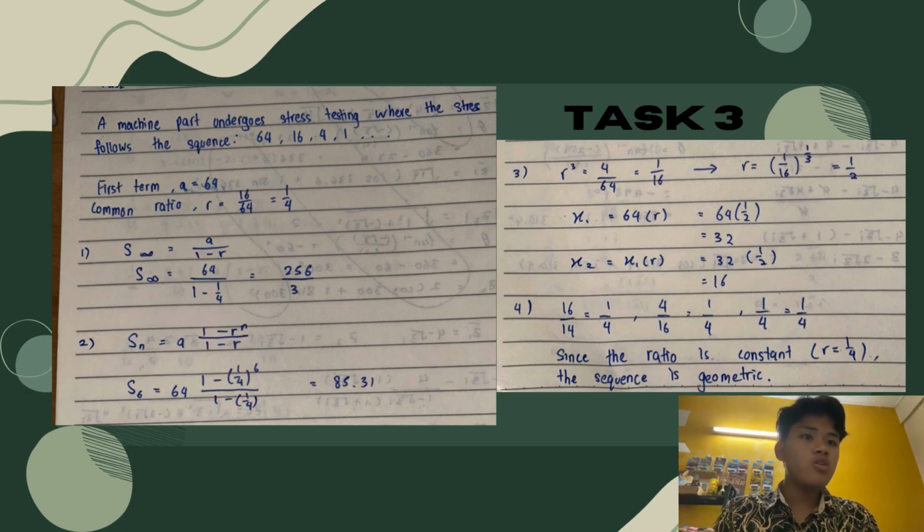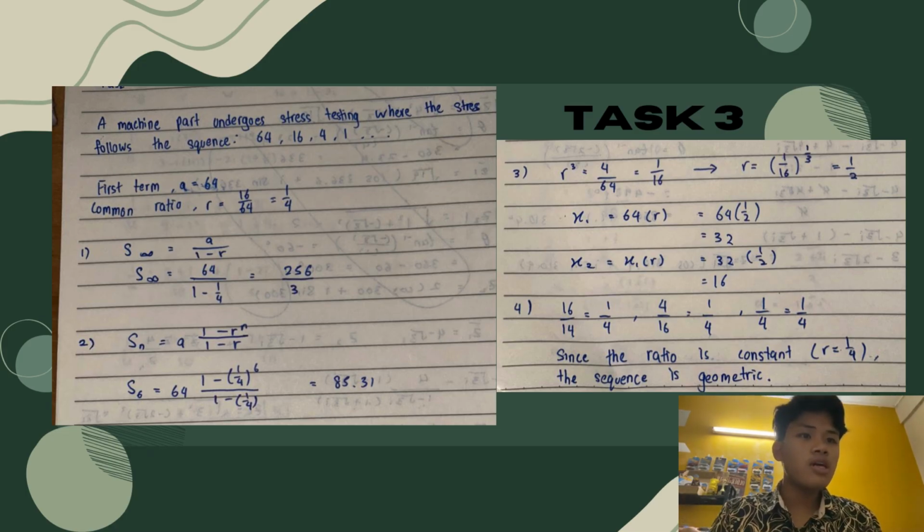Okay, now we go to question 1. S infinity equals 64 over 1 minus 1/4. We get 256 over 3.